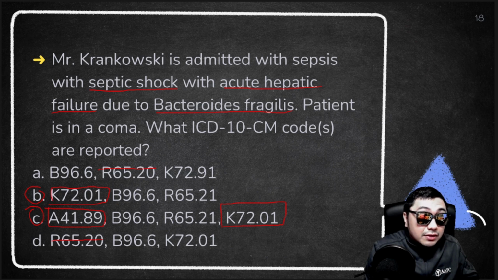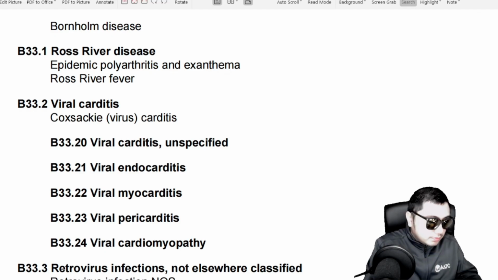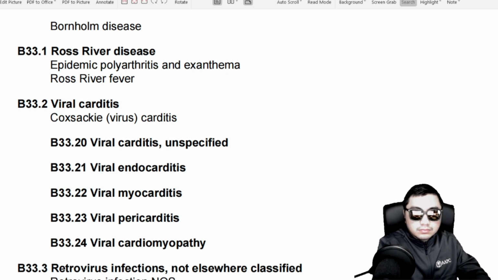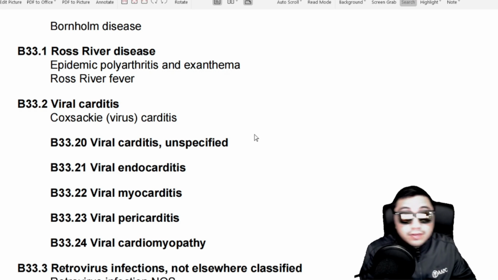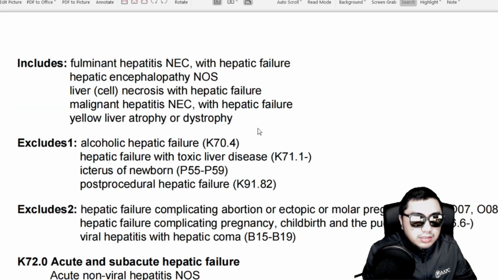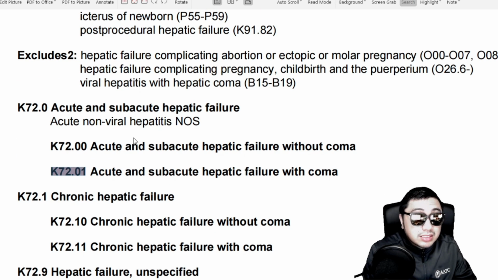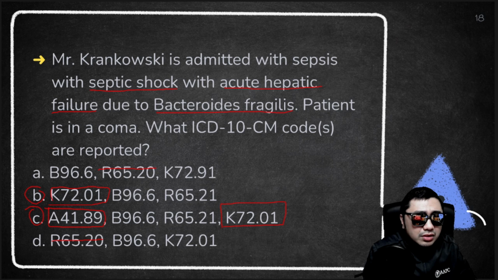Let's go to K72.01 first. K72.01 is acute and subacute hepatic failure with coma. Is there anything mentioned about coma? Yes. Is it acute hepatic failure? Yes. So we can simply code this.